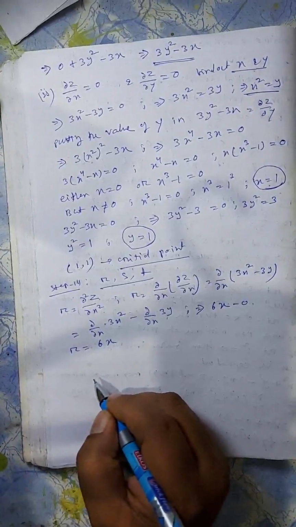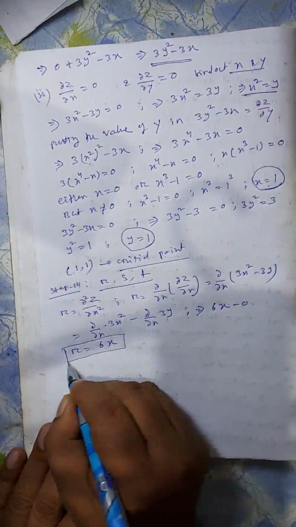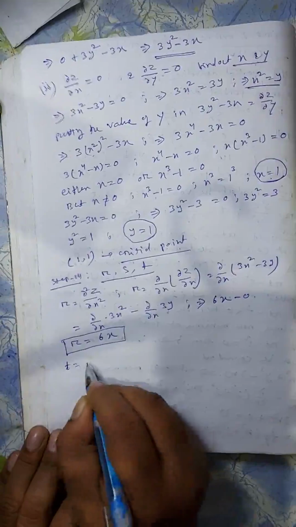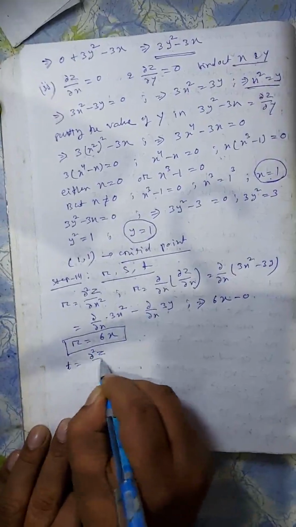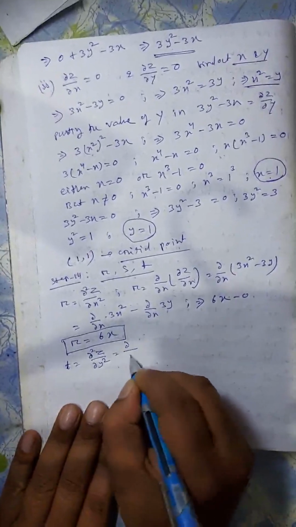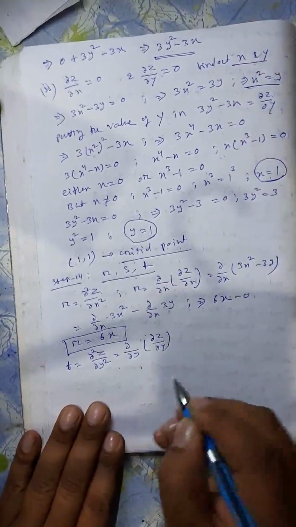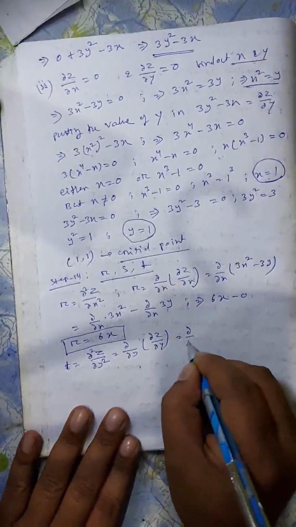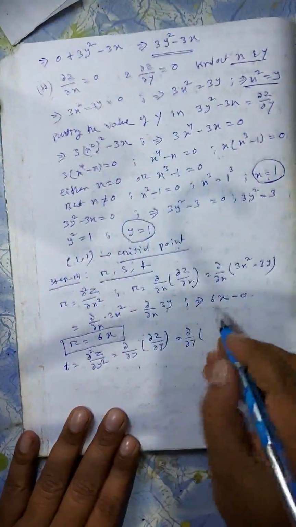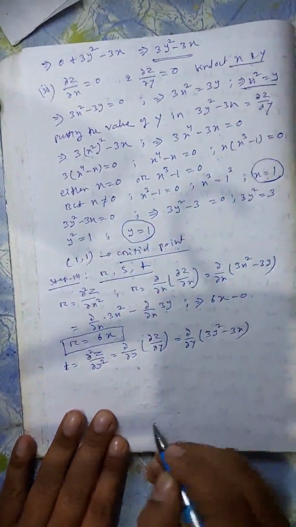Similarly, we have to find out t. This is the value we get for r. Then again we have to find out t. T is equal to del square z by del y square. That means del by del y of del z by del y, which is 3y square minus 3x.